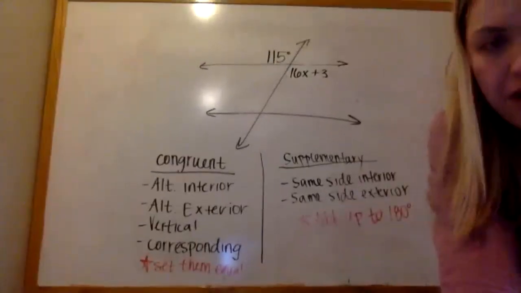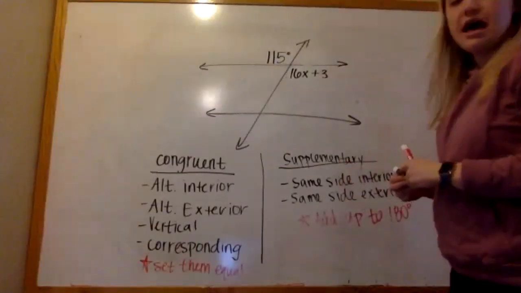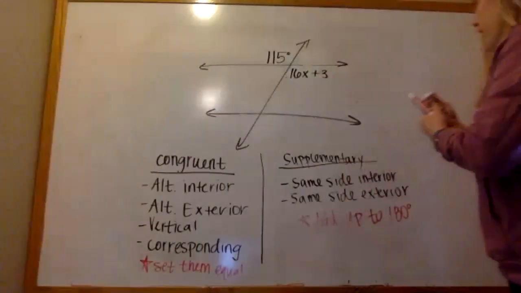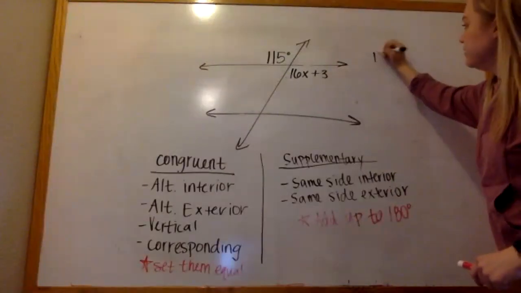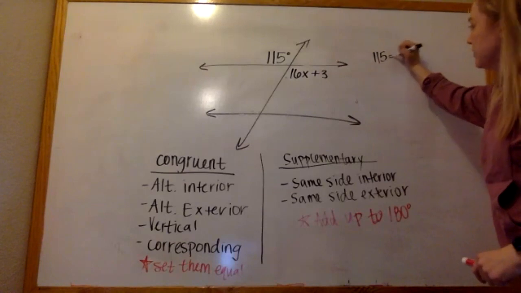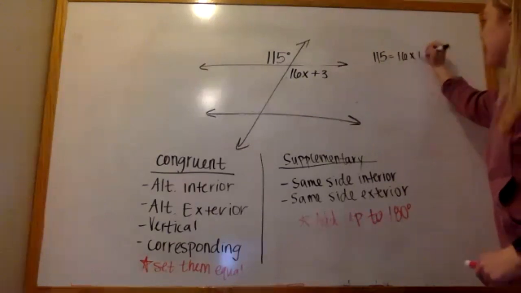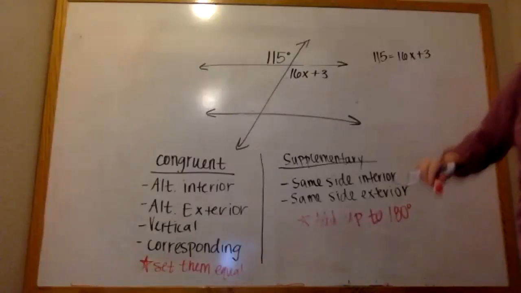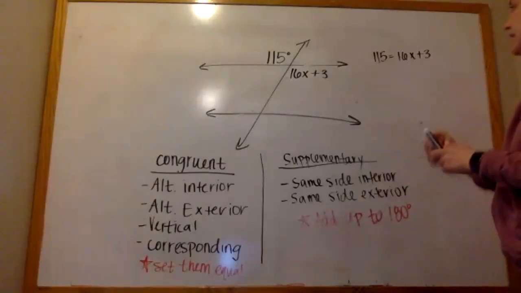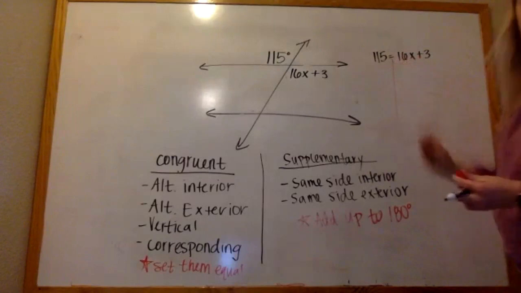Okay, so since these are congruent, I'm going to set them equal, and I'm going to start that over here. I'm going to say that 115 equals 16x plus 3. All right. Then this is like stuff we learned at the beginning of the year.